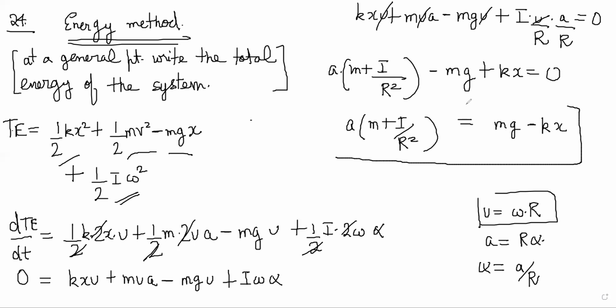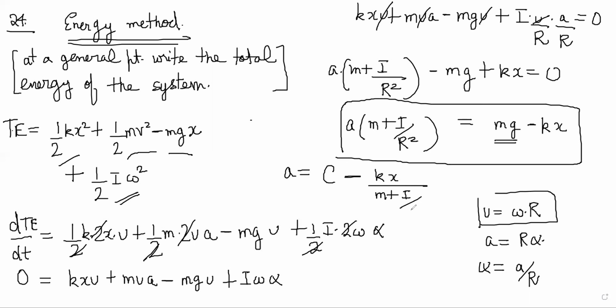Correct. So acceleration is, this is a constant, by the way. M is constant, g is constant. So acceleration is a constant minus kx by m plus I by r square. Even though it is a little bad that it has come as a constant minus this, still it is proportional to minus of x.